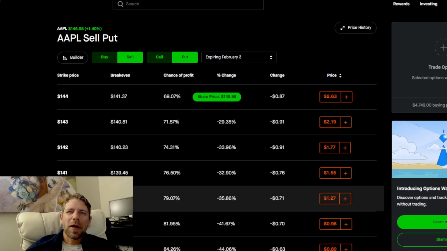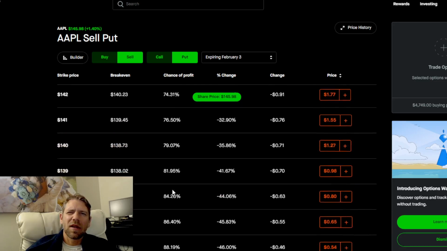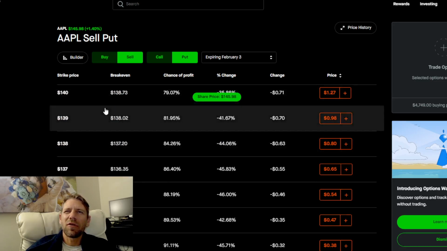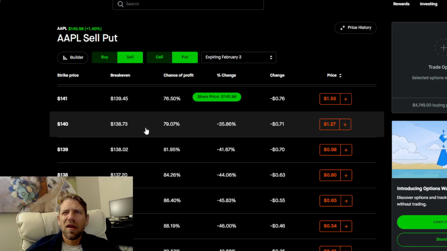So I would have to put up lots of collateral here if I wanted to sell the 140 strike price put option. My broker would have to take my cash, put it in a lockbox, and I cannot access that cash at all until I buy that contract back. This contract is kind of like the key to the box. All right.